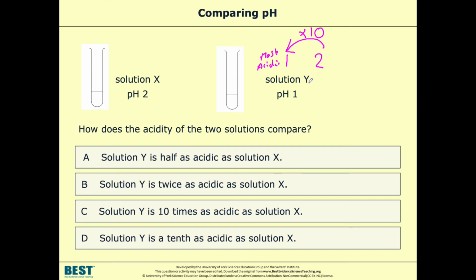So our solution Y, which is a pH of 1, is 10 times the acidity of X. So looking at our options, it's therefore got to be C, because it's 10 times on that logarithmic scale. With our logarithmic scale, we are moving up by a power of 10, so 10 lots of it, rather than just adding 1. We're moving times 10.